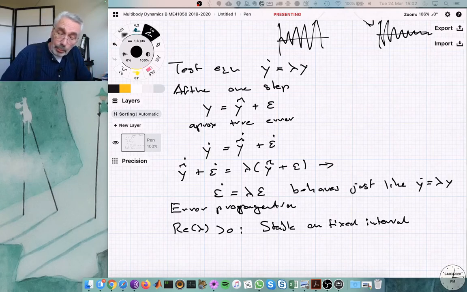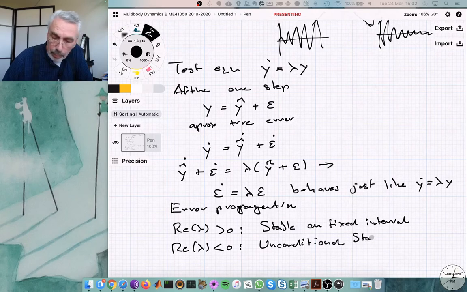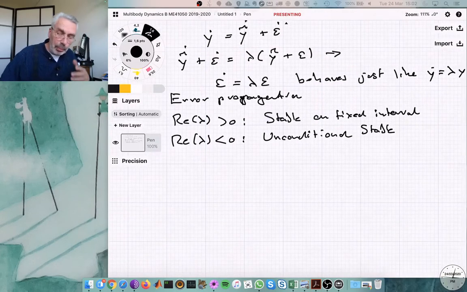That also means that your system, it's about the lambda, so your system is also unstable in that sense. So now for the real part of lambda being negative, you have a damped system or a stable system, and that means that you then have an unconditionally stable error propagation.